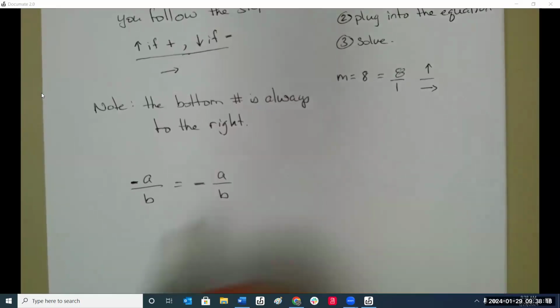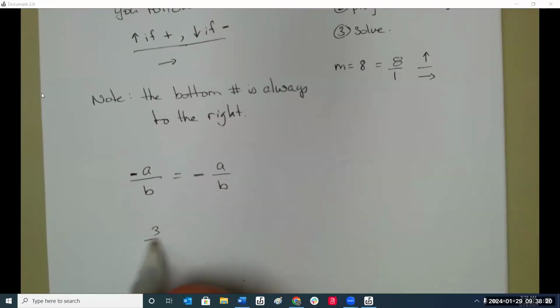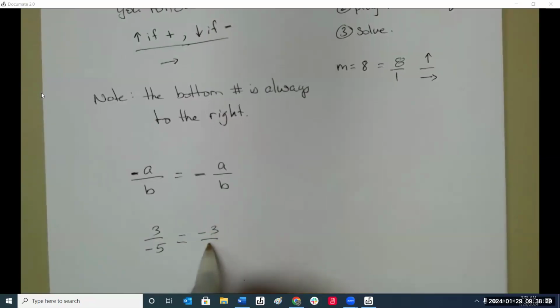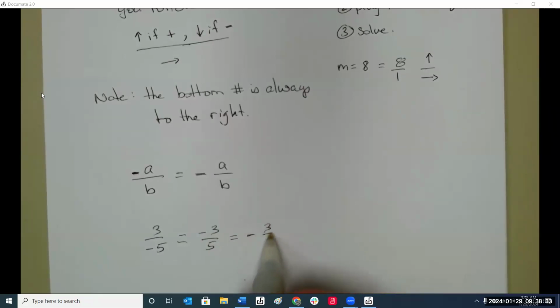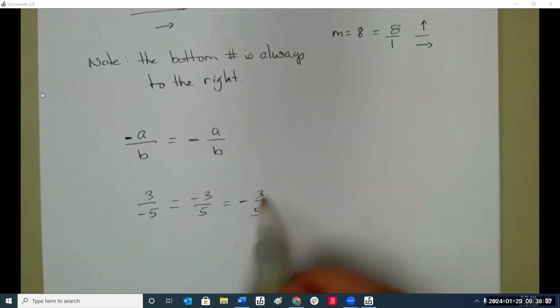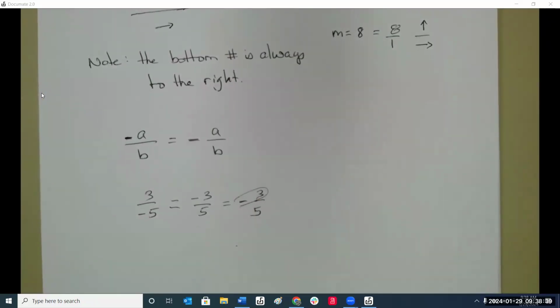Because even if you had an answer like this, you're not done because that's a wrong format. Either move the negative on top or move it in front of the whole thing. Which doesn't matter because when you graph it, the negative still affects the top number. Anybody guess why that is? Why is the bottom number never negative?